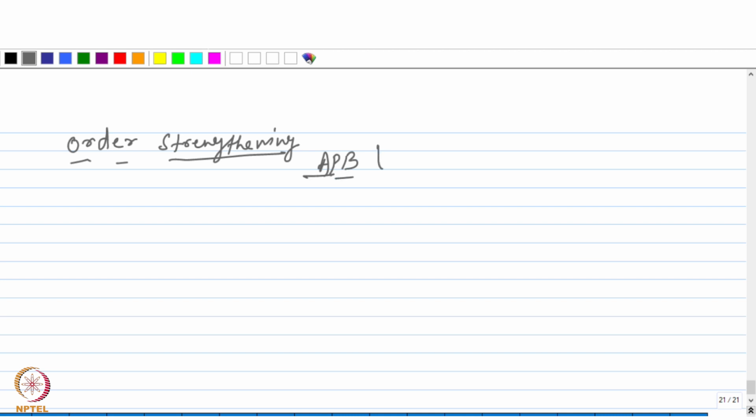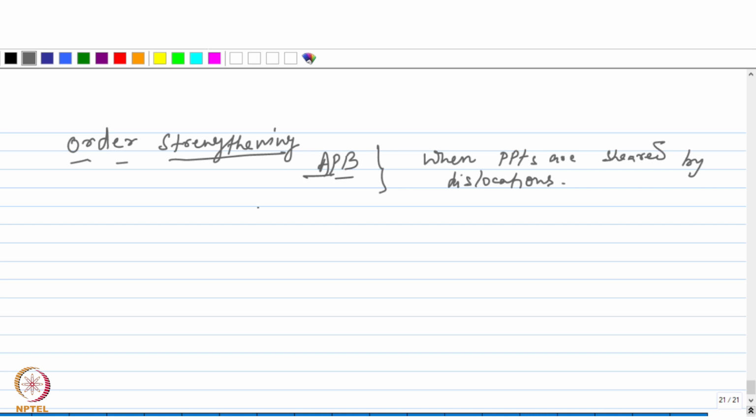The strengthening comes from the antiphase boundaries when the dislocations move through the precipitates and when the precipitates are sheared by the dislocations. So these are precipitates which can be sheared by dislocations.